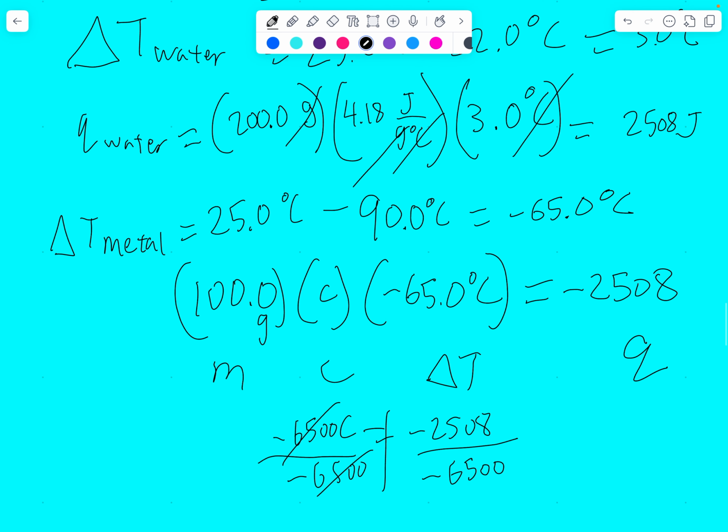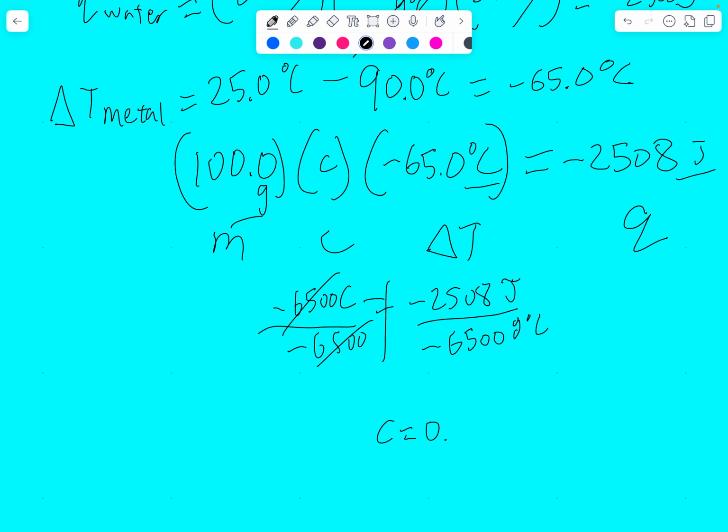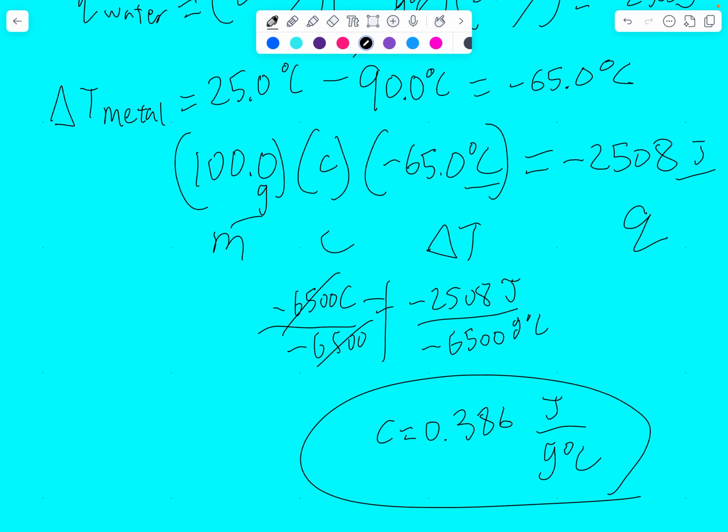And if you notice real quick, you'll see we have grams, degrees Celsius, and you have joules, which is the unit for C. See? So this is joules all over grams degrees Celsius. Perfect, right? So I know I'm doing it right. So I'm going to do 2508 divided by 6,500 on my calculator. And I'm going to get C equals 0.386 joules per gram degrees Celsius.